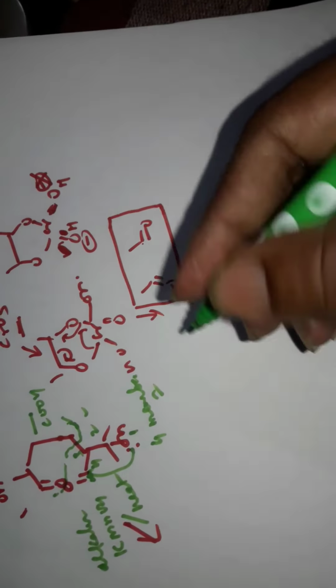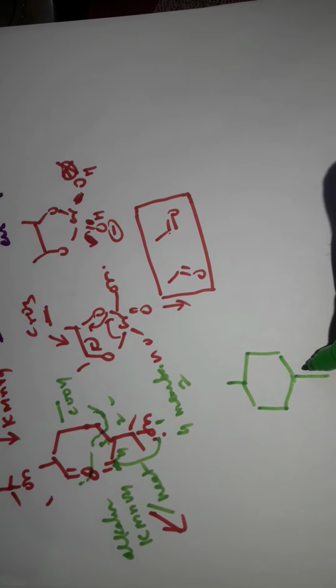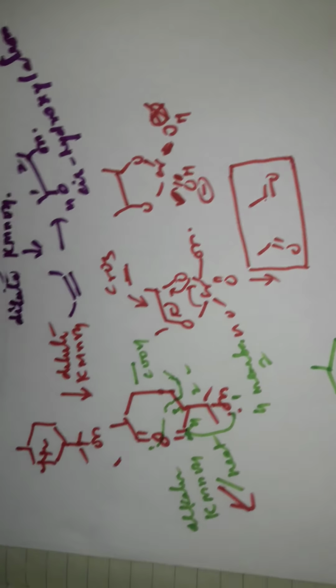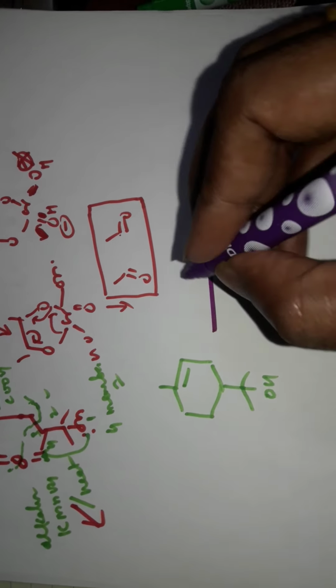So the terpene which is given here is like that, with one double bond here and this one. What will happen here?